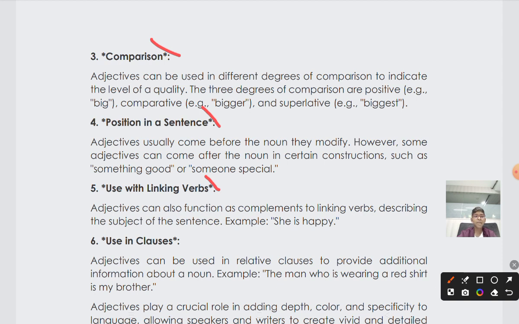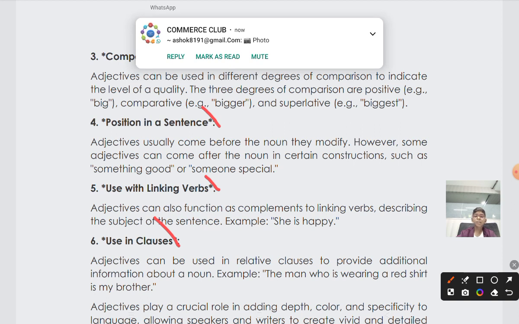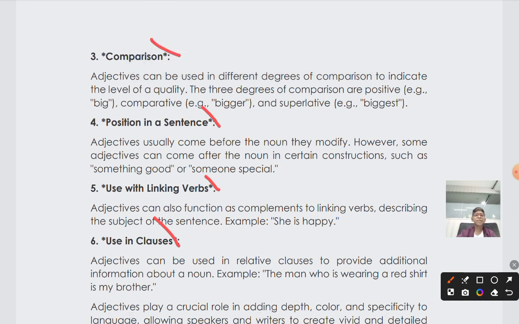Example, she is happy. Uses in clauses: adjectives can be used in relative clauses to provide additional information about a noun. Example, the man who is wearing a red shirt is my brother. Or, the man who is wearing a blue shirt is my brother.